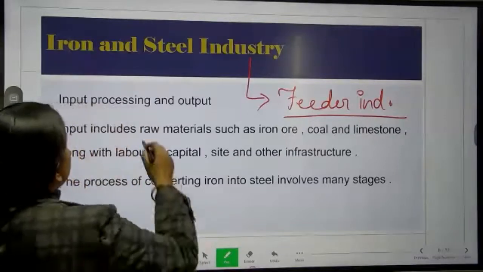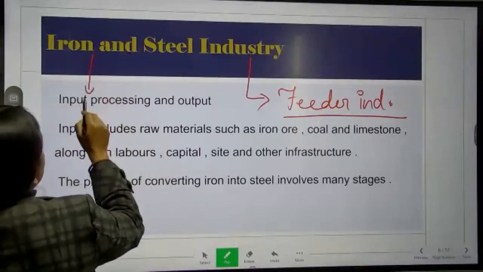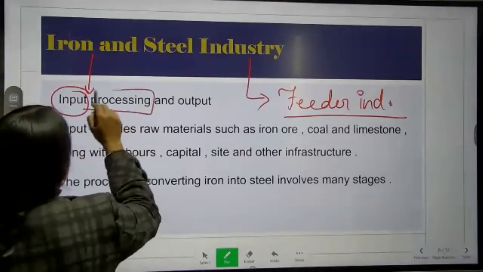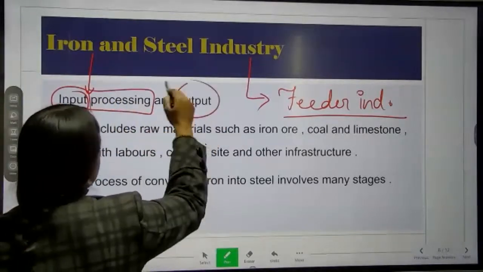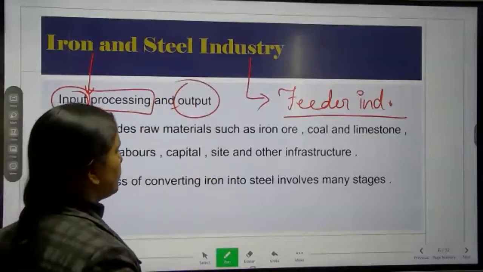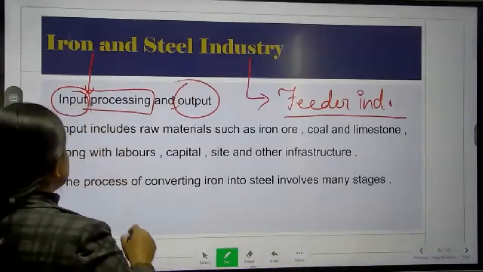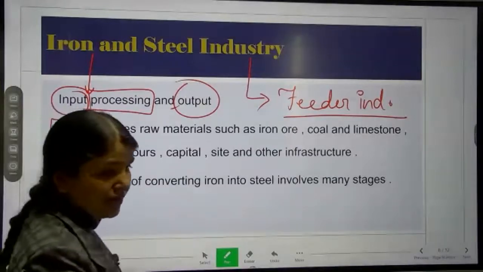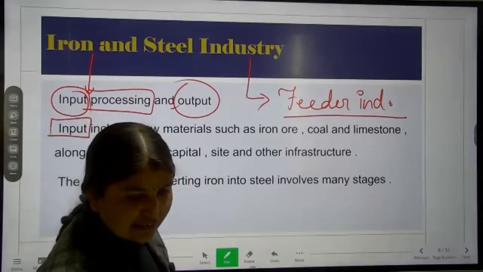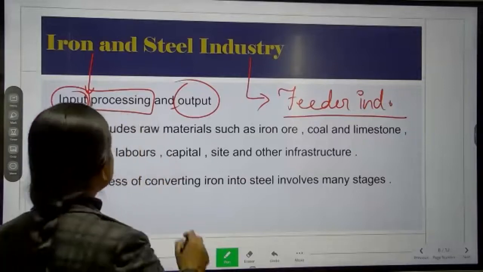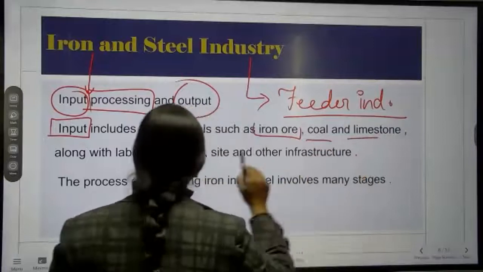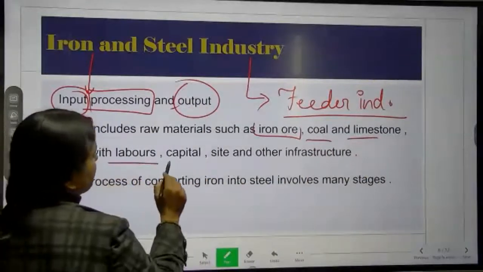In the iron and steel industry, here also we give input, processing happens, and finally we get our output. Let's see how. First of all, the input which we give in the iron and steel industry is iron ore, coal, limestone, labor, capital, site, and infrastructure.